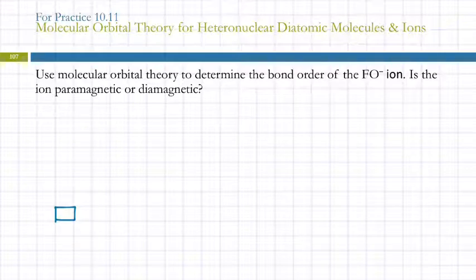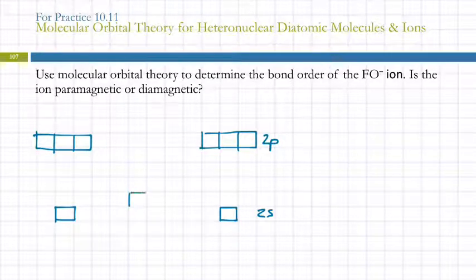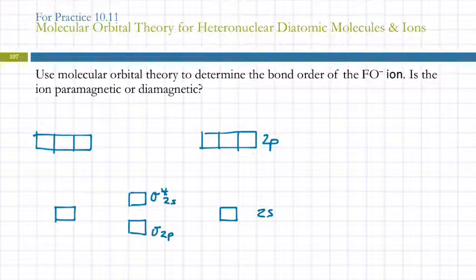Let's see how to space this out. So we've got 2s and 2p. The s orbitals are going to make a sigma star 2s and a sigma 2s. And then those p orbitals are going to make sigma and pi molecular orbitals.